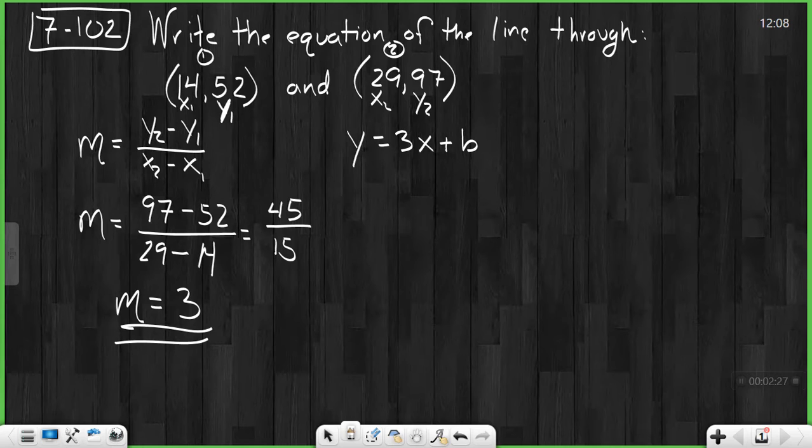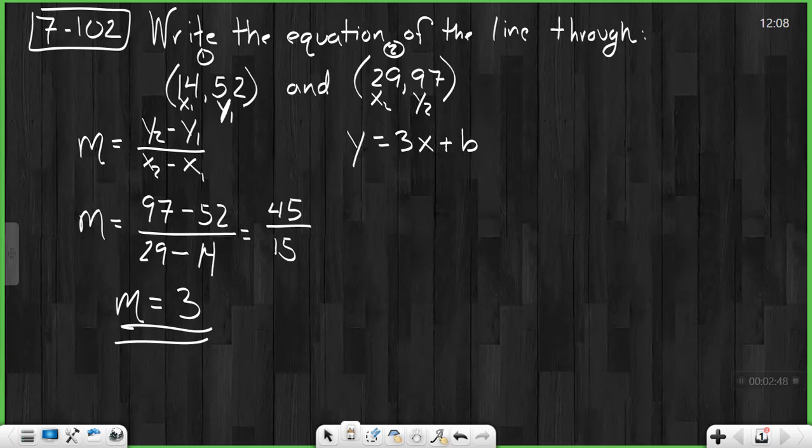We know the slope goes in front of x. What we don't know at this point is what the y-intercept is. However, as we saw last week, if we know the slope, which in this case is 3, and we know a point, in this case we've been given 2 points, we can use the slope and one of those points to determine the equation of this line.